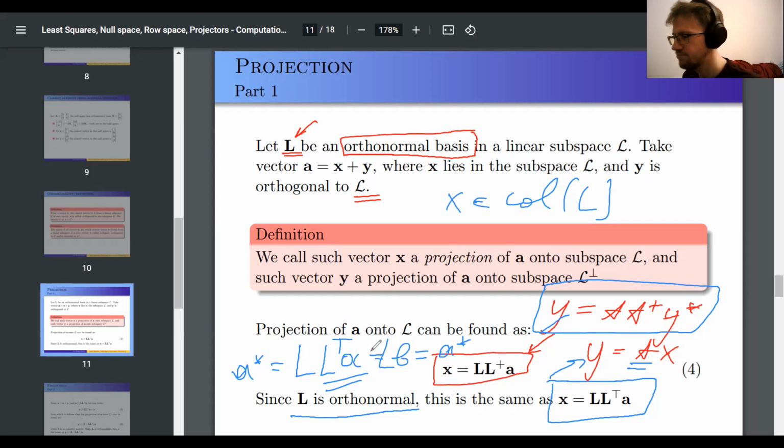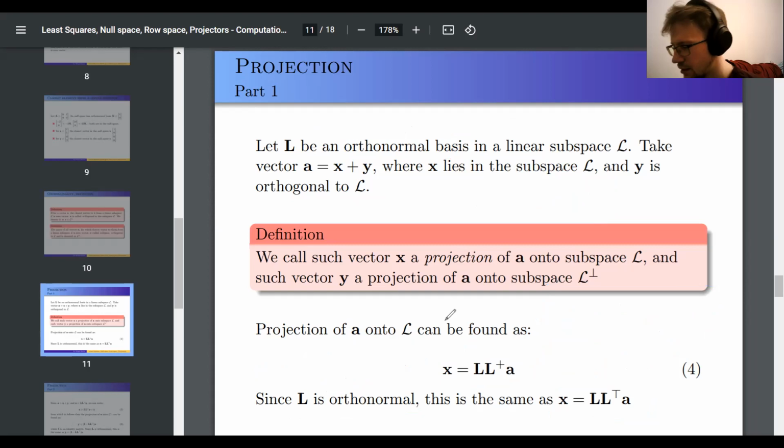Okay, good. That's another formula to remember. You saw how we derived it using least squares, and this is something that is specific to orthonormal basis.